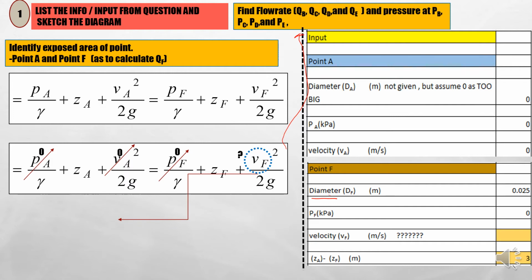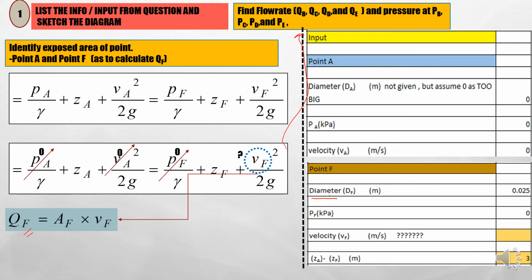From this VF information, we can actually get the QF. If we substitute this VF into the equation for Q, the volume flow rate, we manage to get the QF.